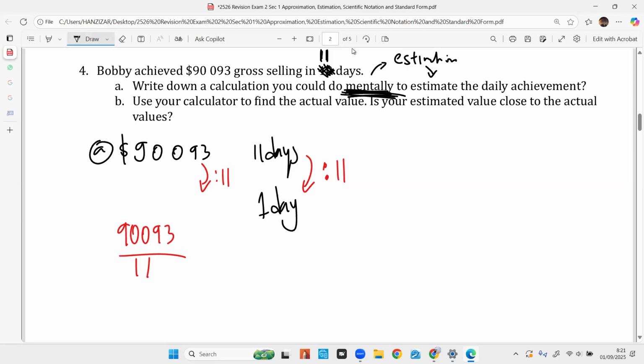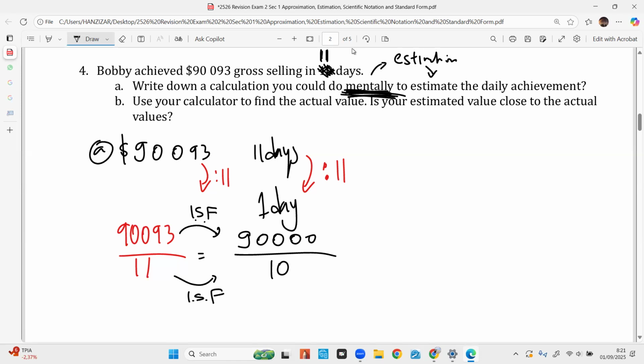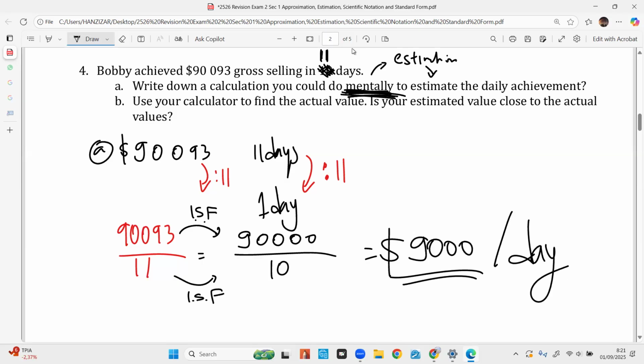So what you need to do is try to estimate. You need to round the number on top and round the number on the bottom. I just make it 90,000. Easy peasy. 11, I just convert it to 10, to the nearest one significant figure, right? I round the number to the nearest one significant figure. So I will get about, or estimately, $9,000 per day, right?